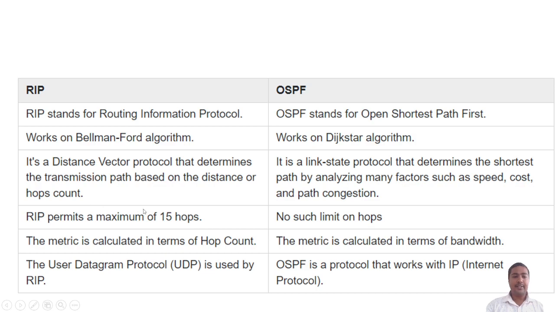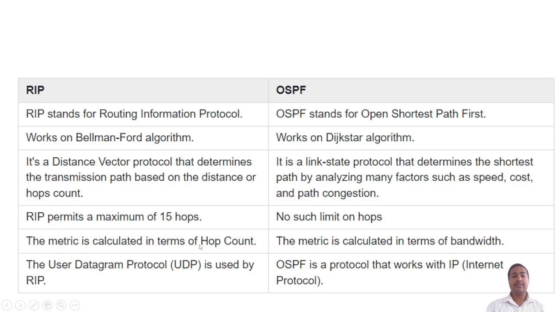RIP is limited to 15 hops. There is no hop limit in OSPF. This is a major advantage, so it can be used for very huge networks, and it can handle routing for a large set of networks.